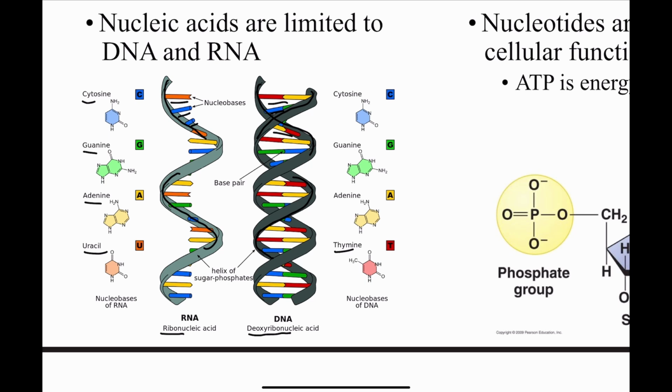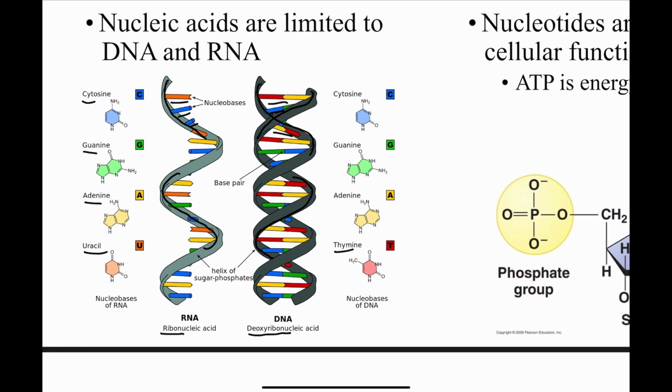And using simplified representations like this allows the focus to be on the essential components like that sugar phosphate backbone and the nitrogenous bases. It's going to help to visualize base pairing in DNA and the single-stranded nature of RNA.